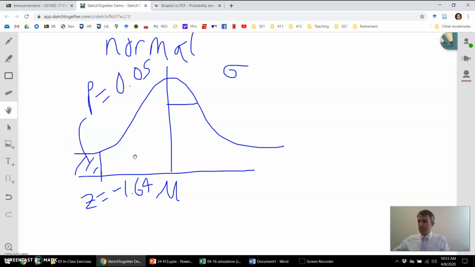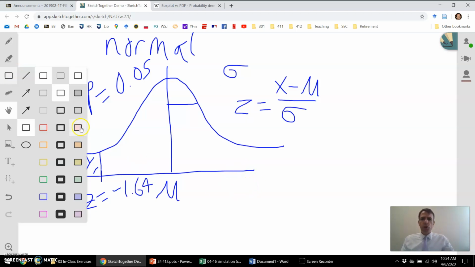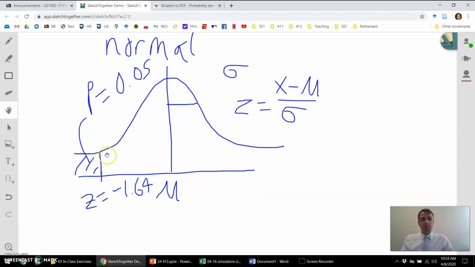And remember, to make a z-score, if I have some observation x, a z-score is just subtract the mean and divide by the standard deviation: z equals x minus mu over sigma. So we know that p equals 0.05 corresponds to a percentile. The 5th percentile of the normal distribution corresponds to a z-score of negative 1.64.